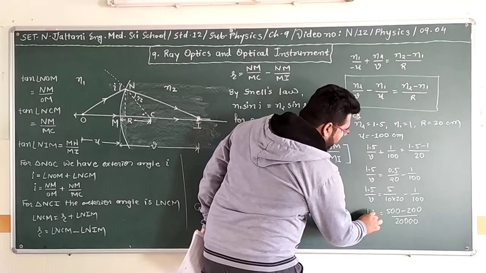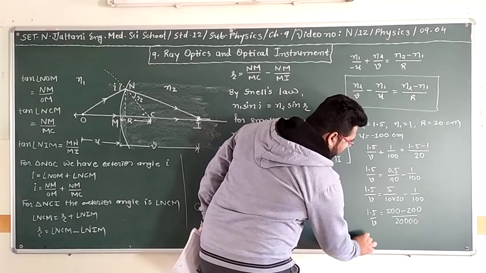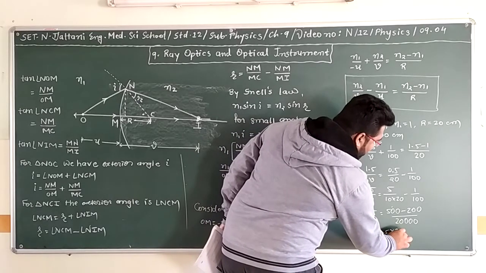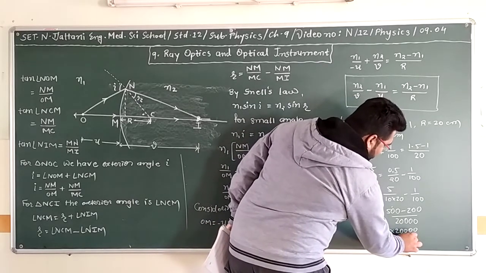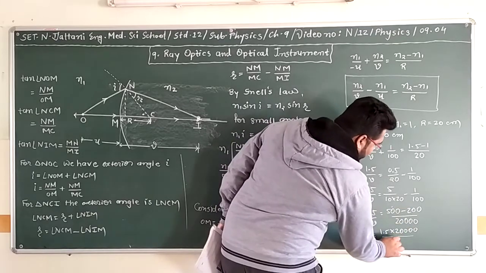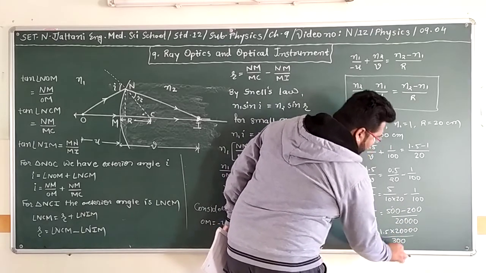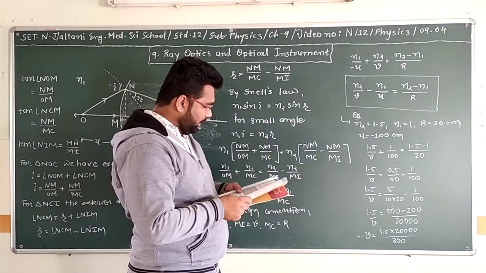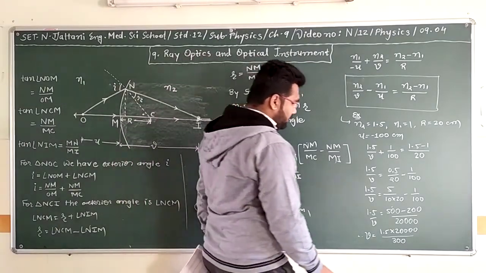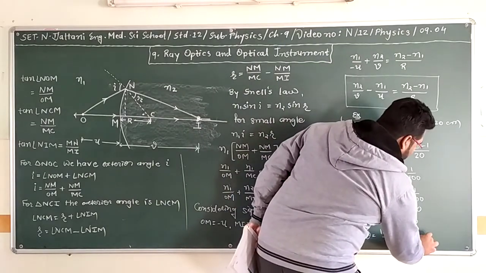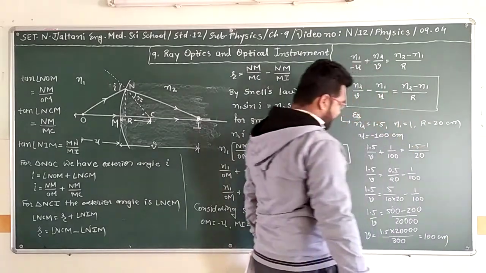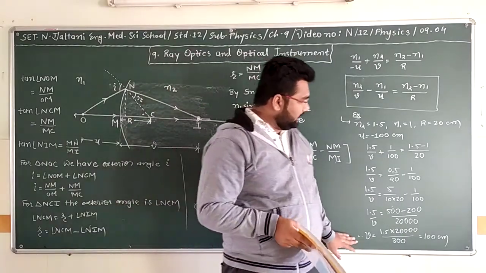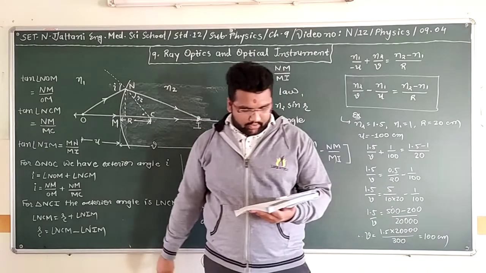So the value of V is equal to 1.5 into 20,000 upon 500 minus 200, that is 300. So we have the value V equal to 100 centimeter. So we can find in this way the image distance V is equal to 100 centimeter.